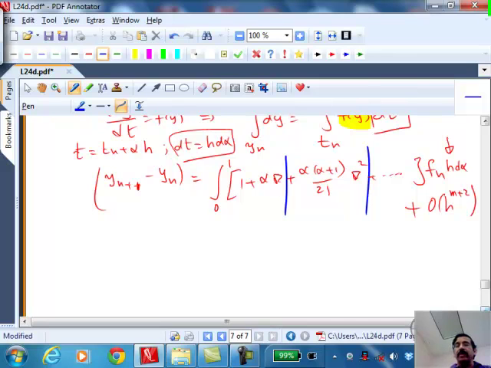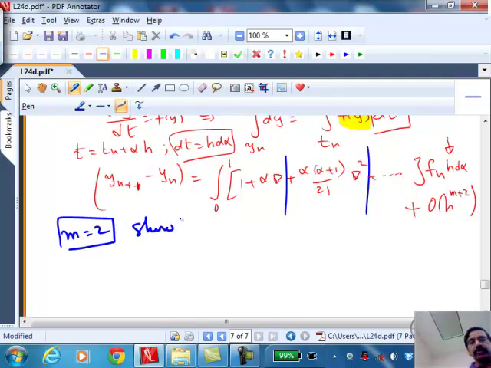So if I truncate it, for example, with m equal to 2, I want you to show that you get the following. It's very simple.